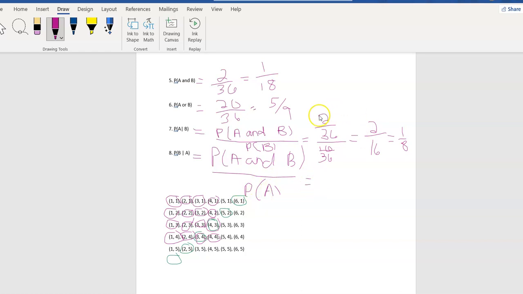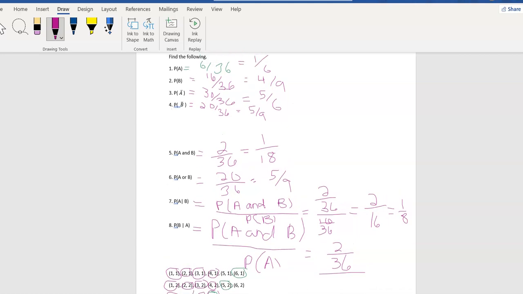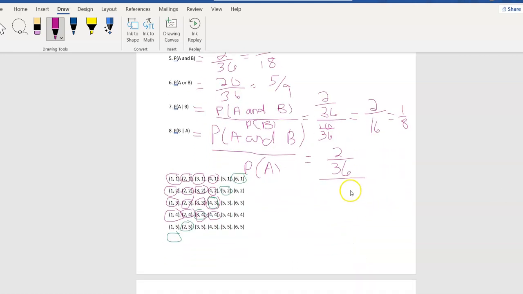So the probability of A and B was 2 over 36. And then the probability of A, let's just go back up and grab it, was 6 over 36. Remember, I'm grabbing the non-reduced part. And now if we just think of those 36s as canceling, we get 2 over 6, which reduces to 1/3. And there we have it.